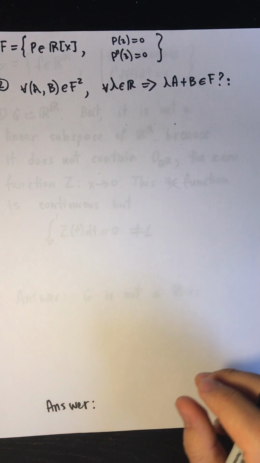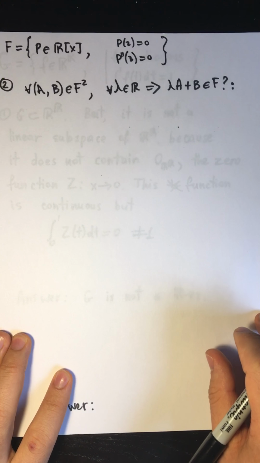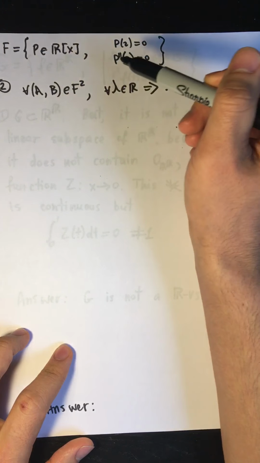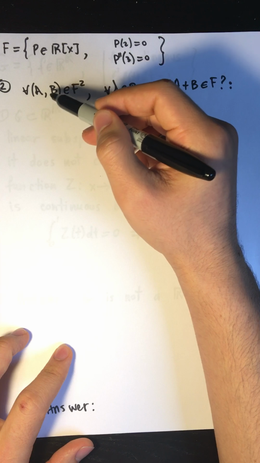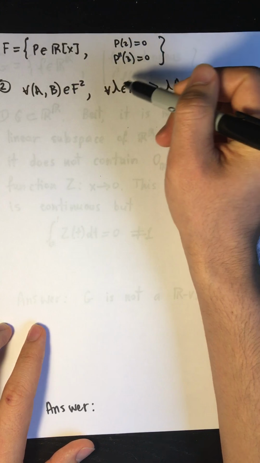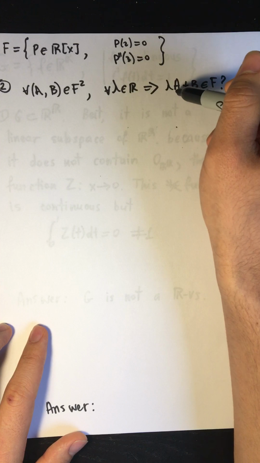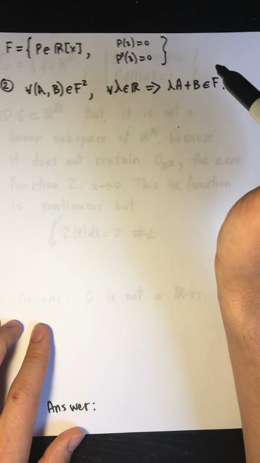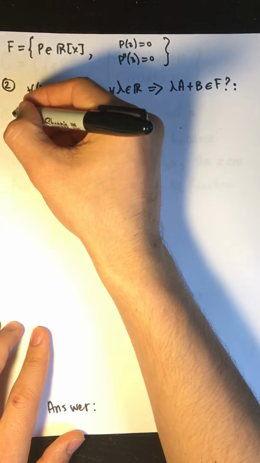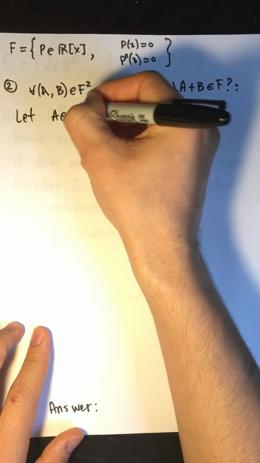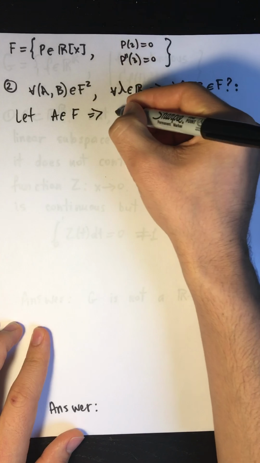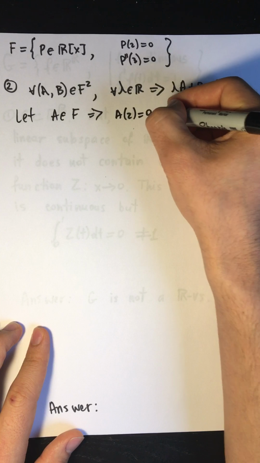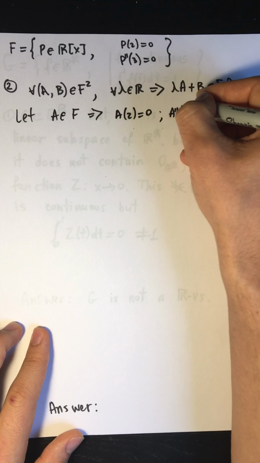But the second step is a little bit longer. Again we have the same set, but we want to check whether for all polynomials a and b, and for all lambda, lambda times a plus b is in F or not. We don't know it yet, so we need to check it. Let a be in F, then a(2) equals 0 and a''(3) equals 0.